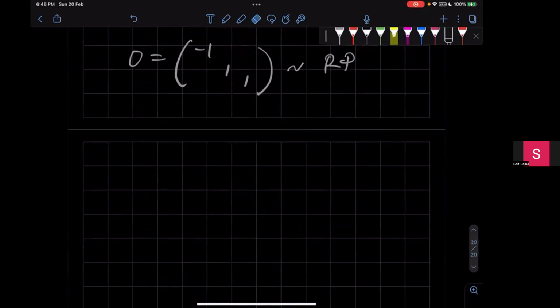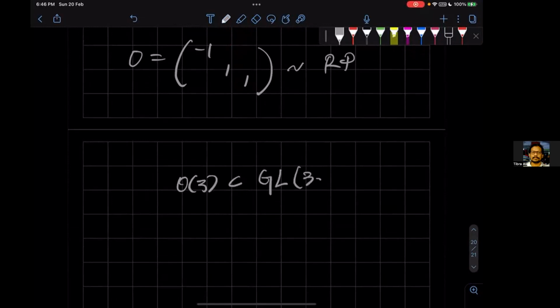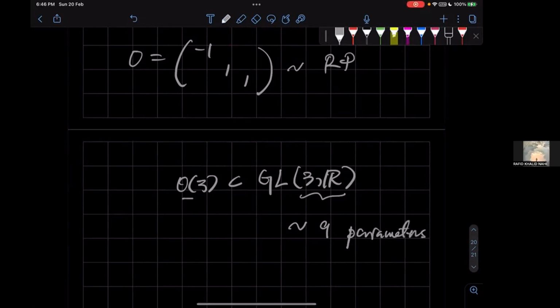So O3 sits inside GL3R, right? And GL3R has how many dimensions? What is the parameter space of GL3R? 9. Right, so 9 parameters. So we'll see that O3 has only 3 parameters.